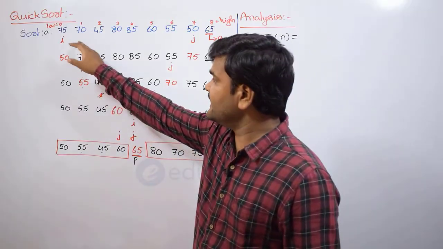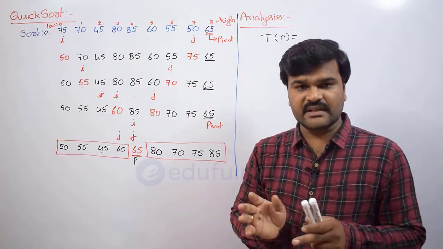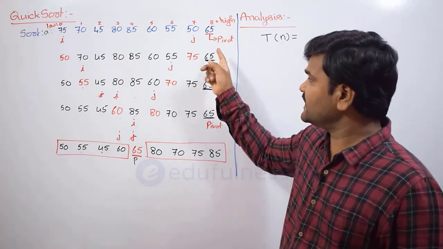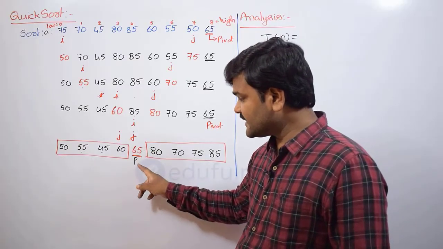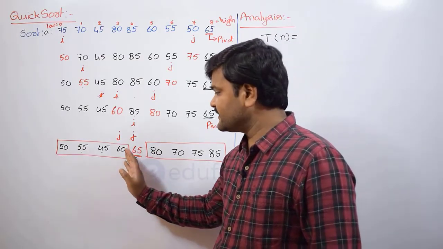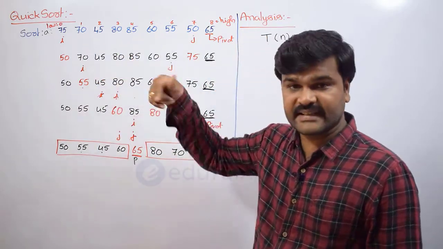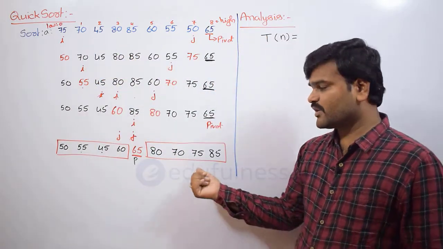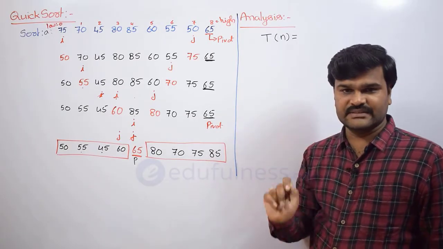To sort these 9 elements, first I have to place the pivot element in its proper position. After that, I solve the left elements separately, recursively, and the right subproblem also separately, recursively.